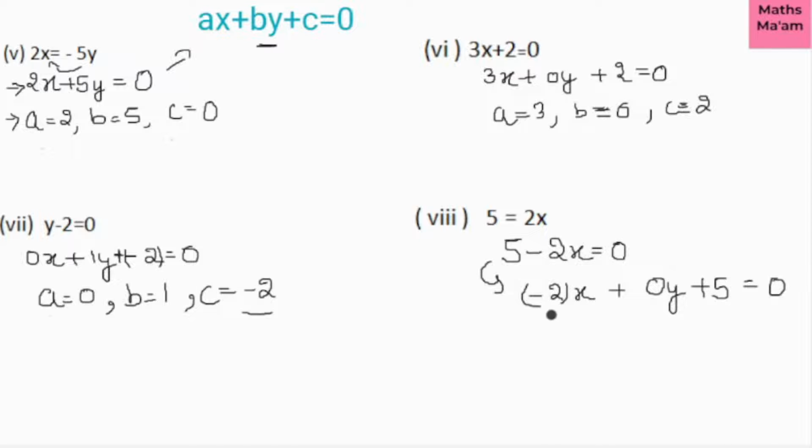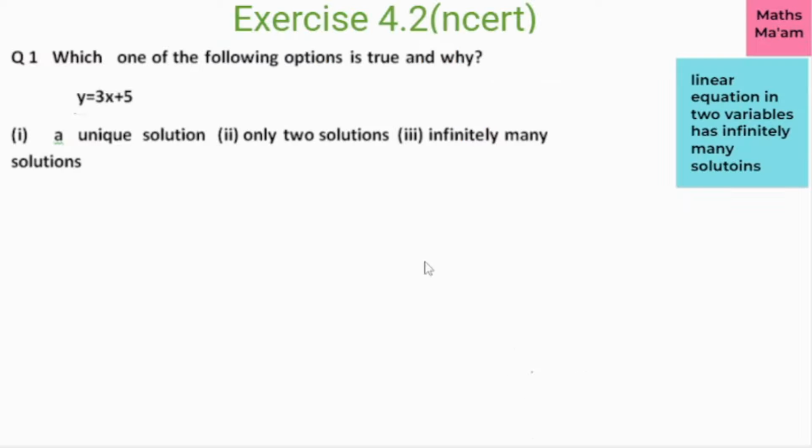So we'll compare this to the standard form, ax plus by plus c is equal to 0, and it is clear that here a is equal to minus 2, b is equal to 0 and c is equal to 5. That was our first exercise.